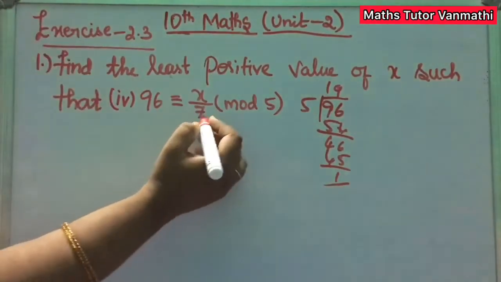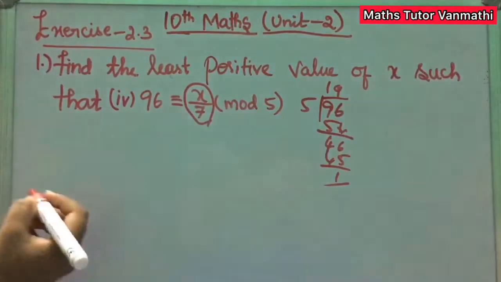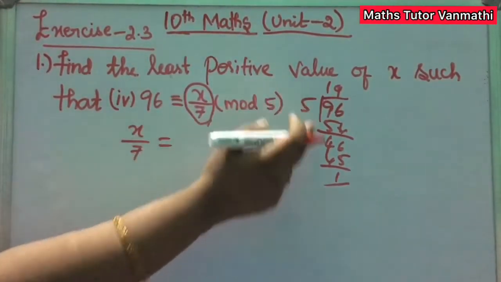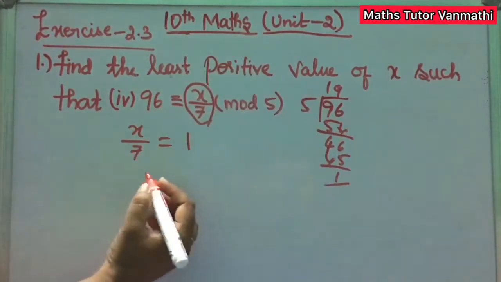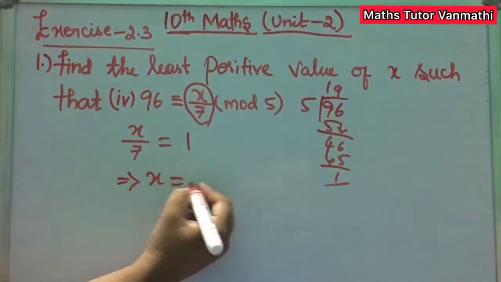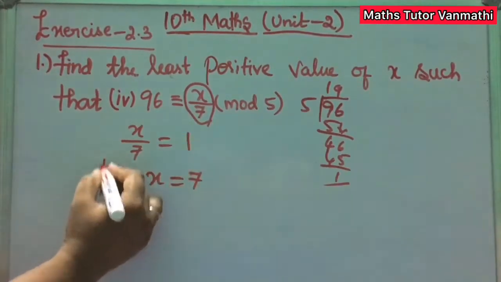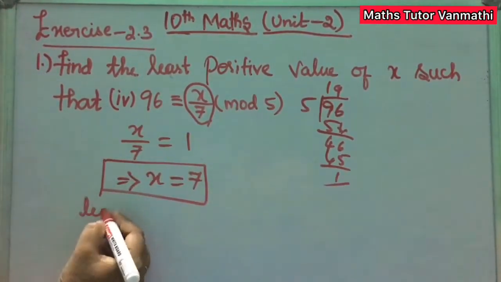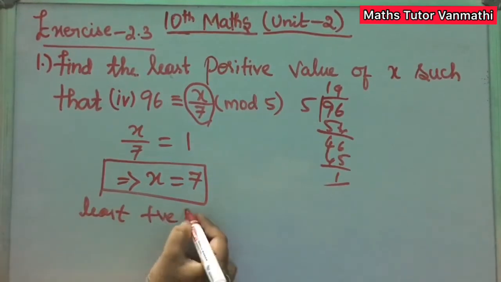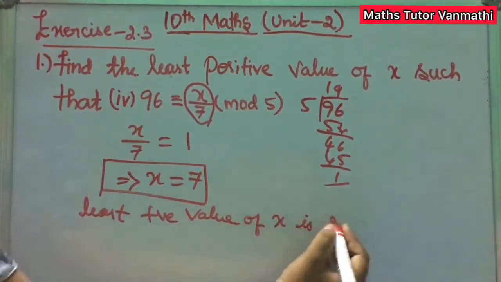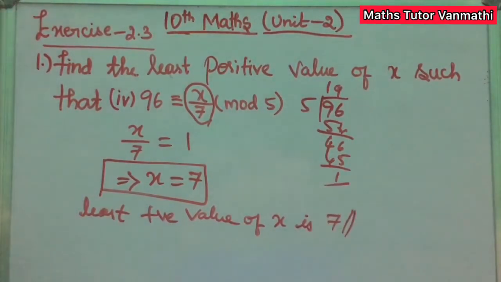But what is in your question, this is your remainder? No. By equating this, what will you get? x by 7 equal to what we have found, 1. On equating this, we can write directly x by 7 equal to 1. Cross multiply, you get x is equal to 7. So the least positive value of x is 7. Clear?